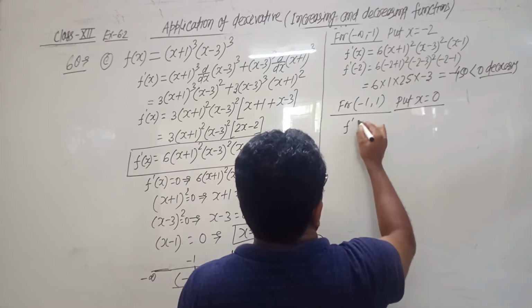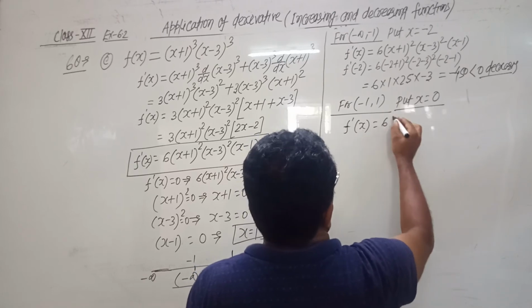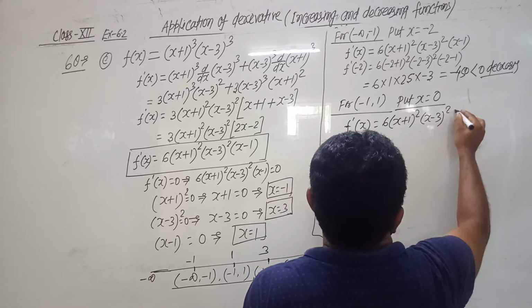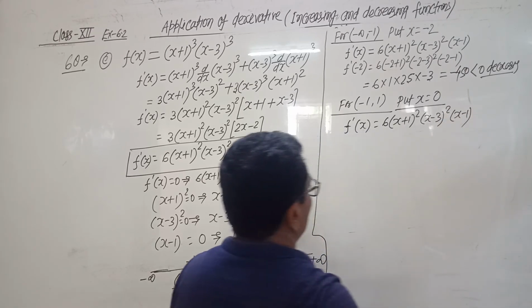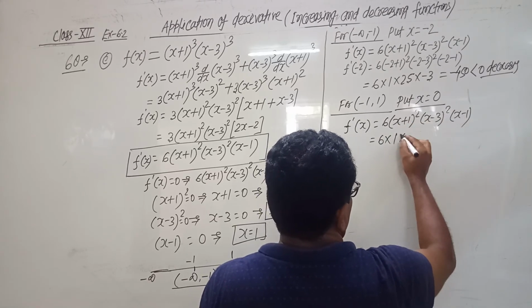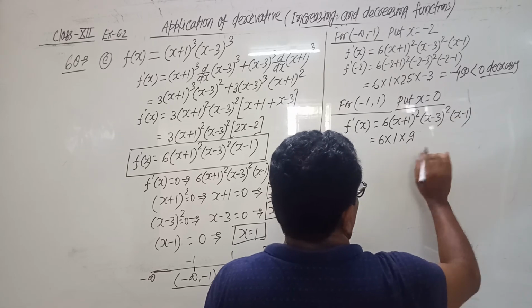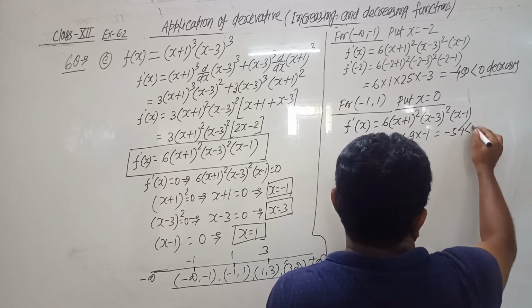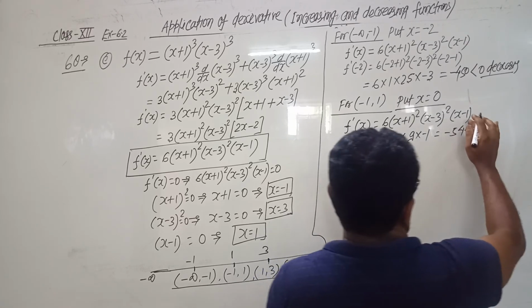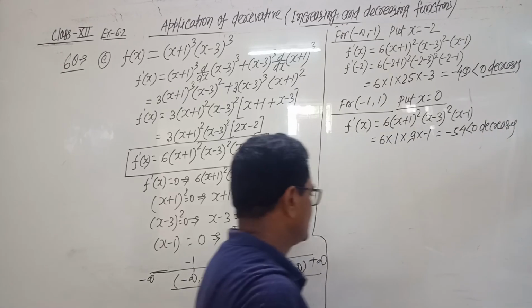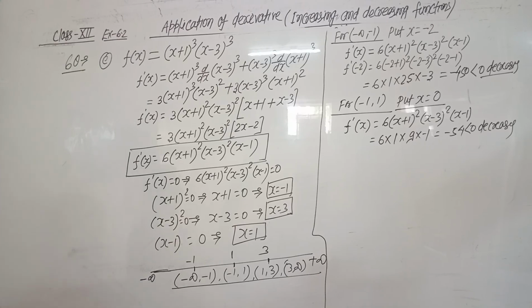So f′(x) = 6(x + 1)²(x − 3)²(x − 1); when we put x = 0, this becomes 1² times (−3)², which is 9, times −1. So we get −54, which is also less than 0, meaning in this interval again the function is decreasing, from −1 to 1.